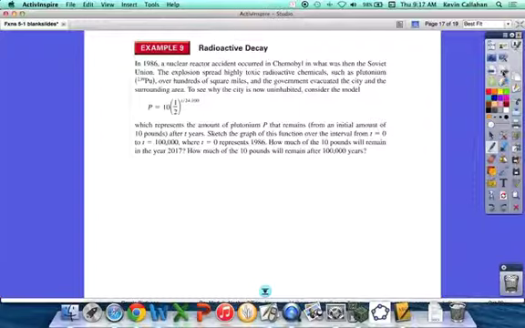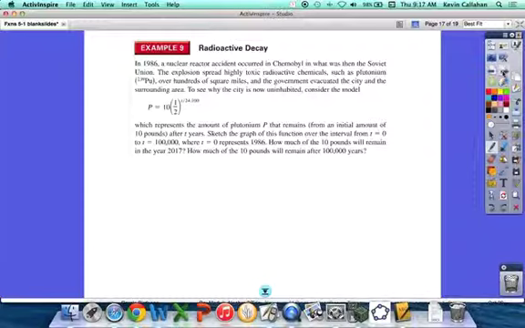So here we have a function, which is the amount of plutonium based on how long it's been since the disaster happened: 10 times 1/2 to the t divided by 24,100, which represents the amount of plutonium after t years. Sketch the graph over the interval t equals 0 to t equals 100,000. And then how much will remain in the year 2017?